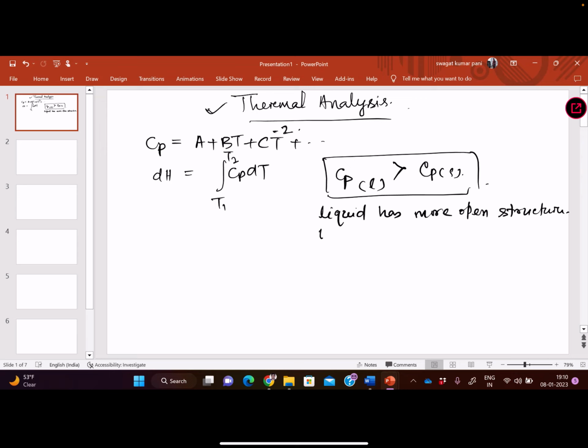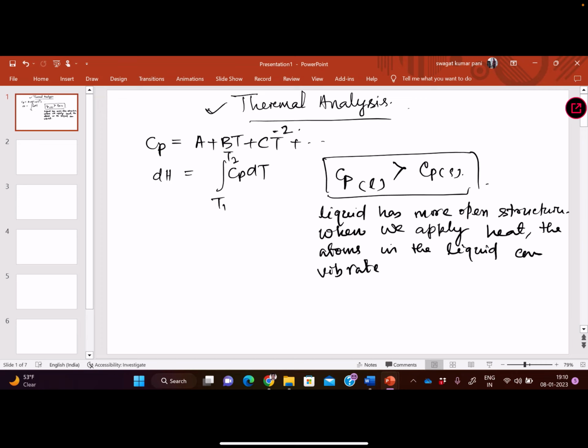Okay, so when we apply heat, the atoms in the liquid can vibrate more as compared to those of the solid, because the solid has a compact structure.